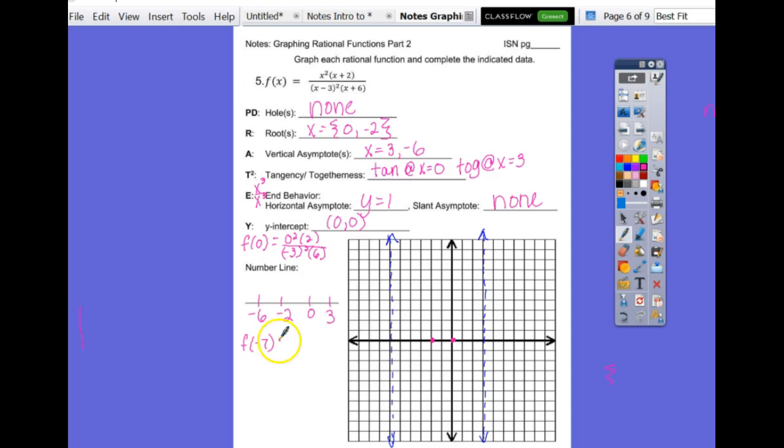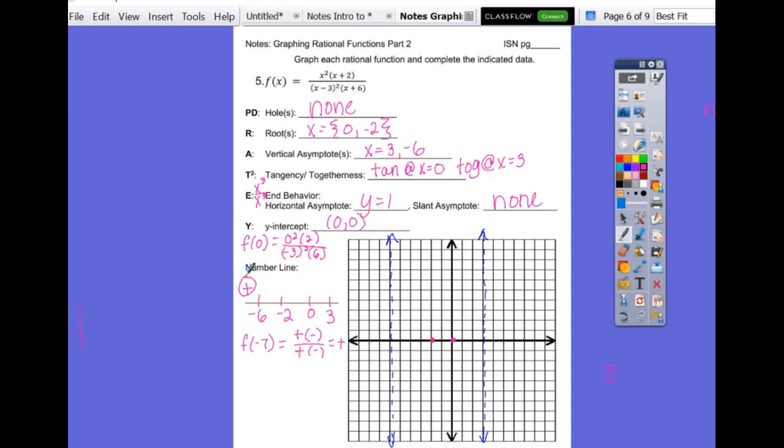So let's just check for positive and negative. -7 squared is going to be a positive. -7 plus 2 is going to be a negative. -7 minus 3 is -10, but squared gives me a positive. And then -7 plus 6 is times a negative. So I get negative divided by negative is positive. So here is positive.